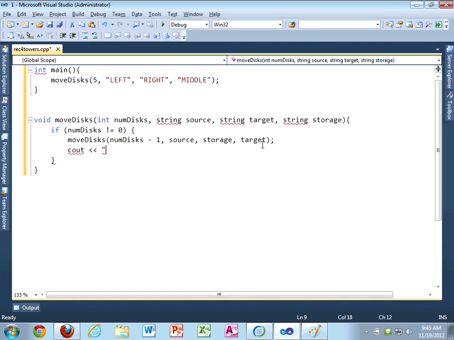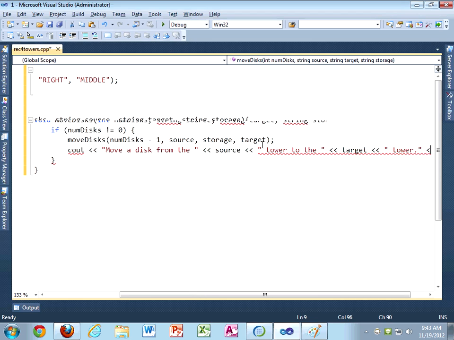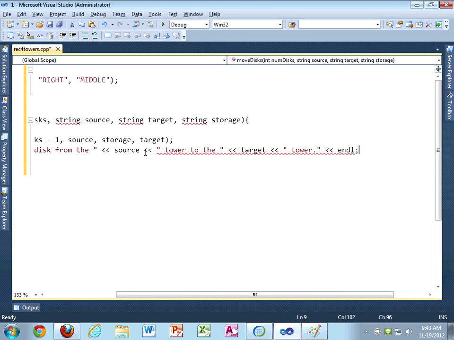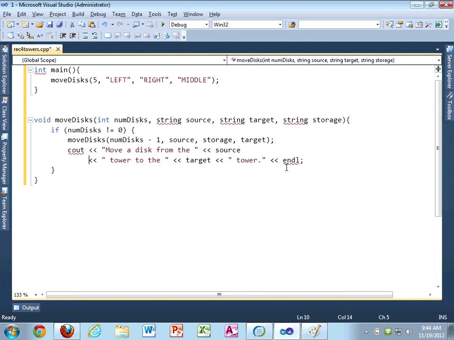Let me just see exactly how I wrote that. Does that look okay?